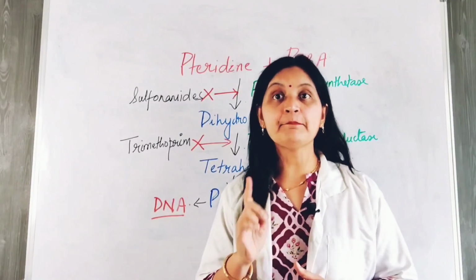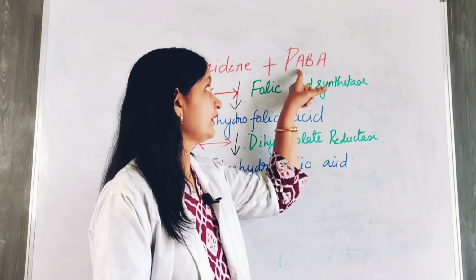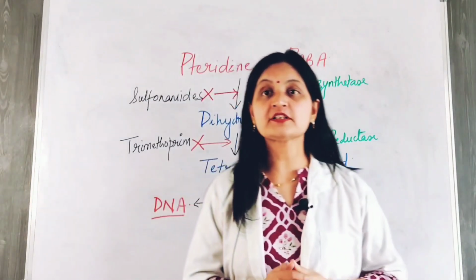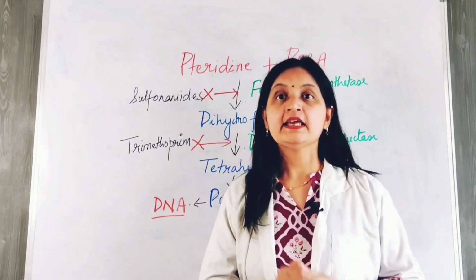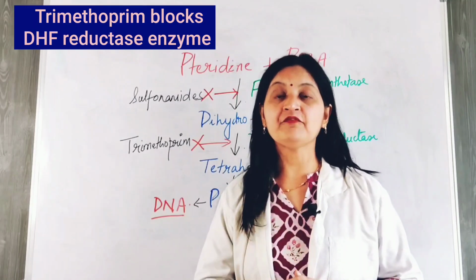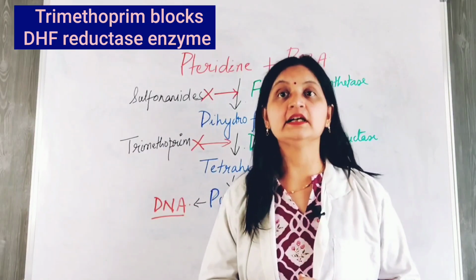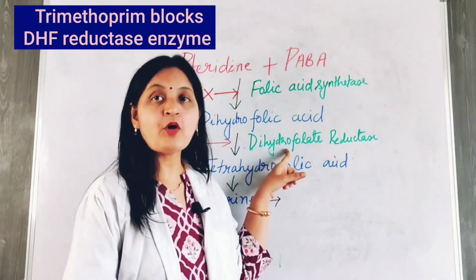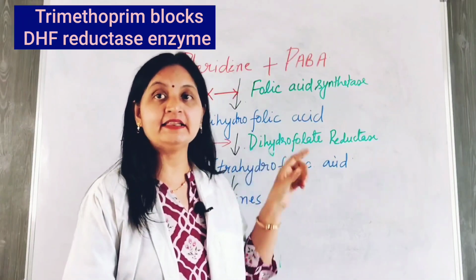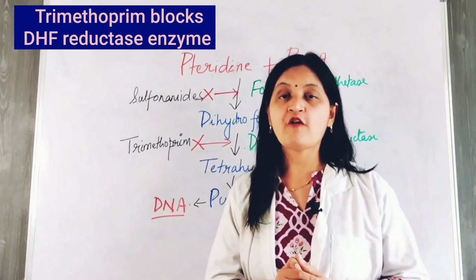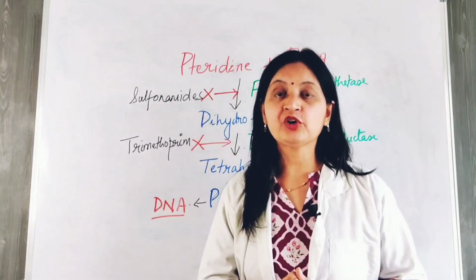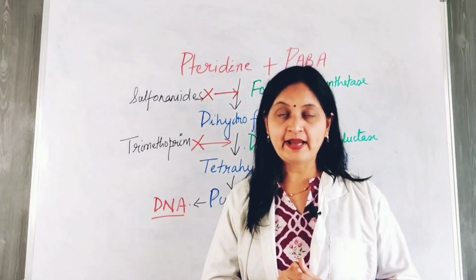Now the folate synthetase enzyme is blocked or inhibited by sulfonamides. So sulfonamide competes with para-aminobenzoic acid for the folate synthetase enzyme and blocks folic acid synthesis. Secondly, the trimethoprim, which is another drug, blocks the dihydrofolate reductase enzyme, the second step of folic acid synthesis, and thereby inhibits the synthesis of active form of folic acid, and thereby it inhibits the bacterial growth and multiplication of bacteria.